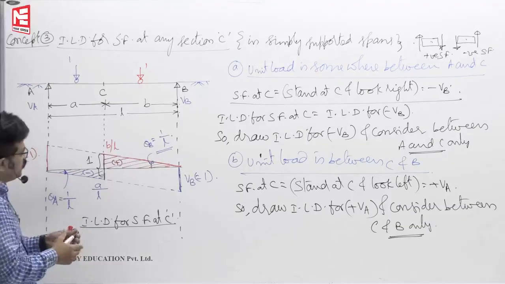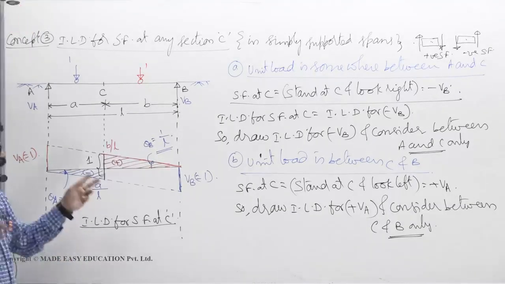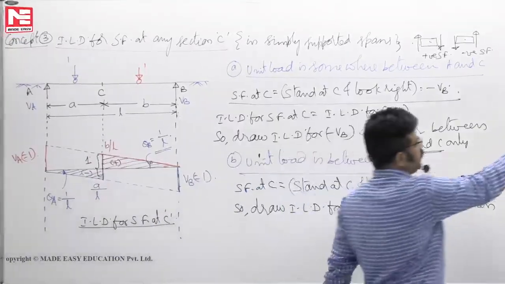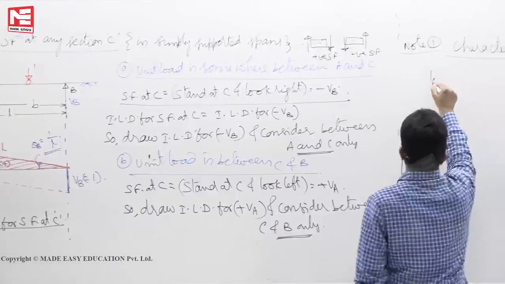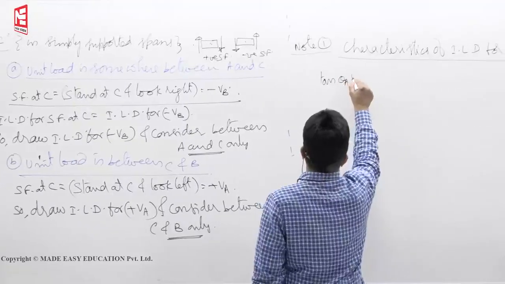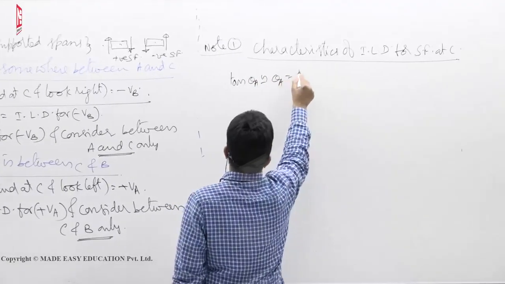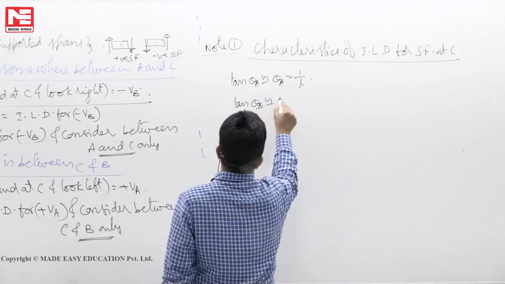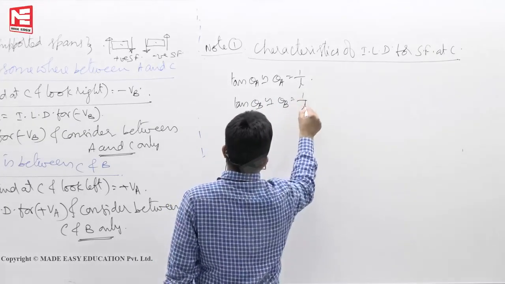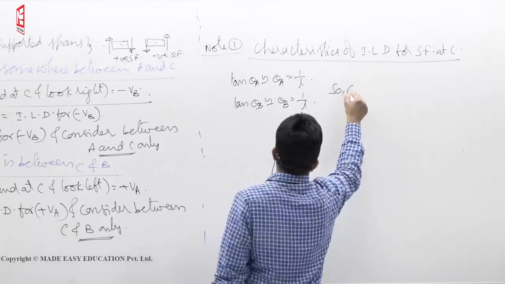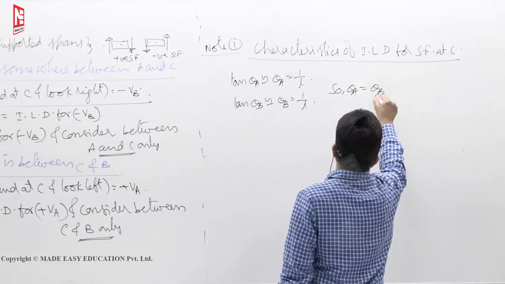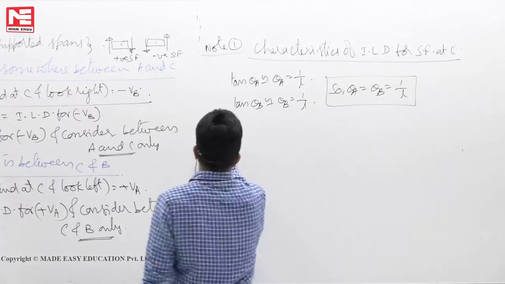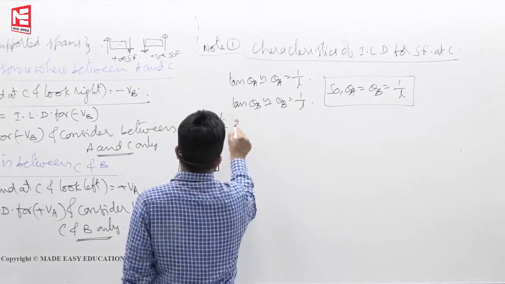Now you see how to get this deflected shape of the beam. What Muller said was, from here we can first write the characteristics. Tan theta A is approximately equal to theta A, equal to 1 by L. Tan theta B is approximately equal to theta B, equal to 1 by L. So theta A is equal to theta B is equal to 1 by L. This is what you have understood from the diagram.